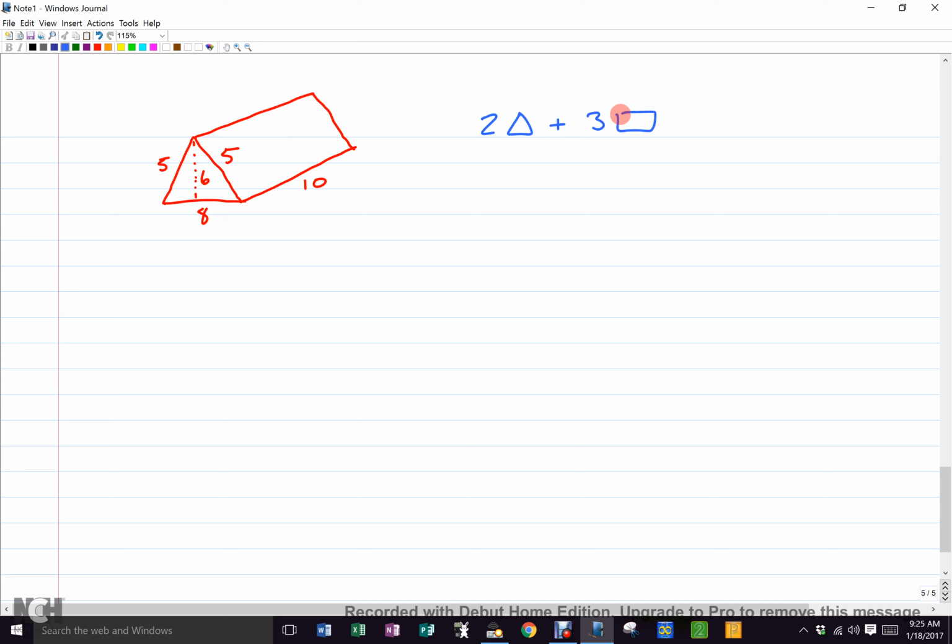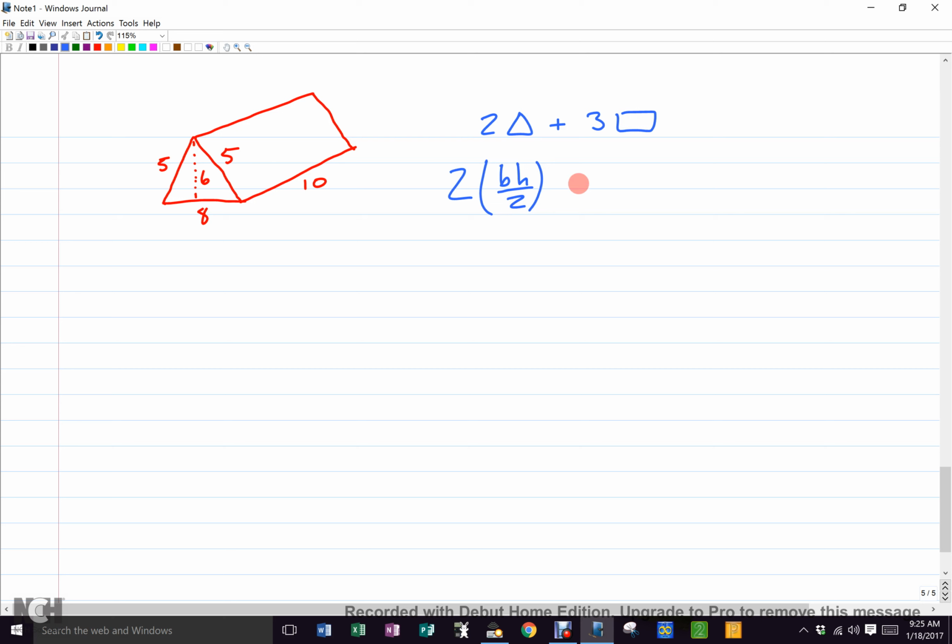Okay. So what is the area of a single triangle? We just talked about it. Base times height divided by 2, correct? But how many of them are there? 2 of them.